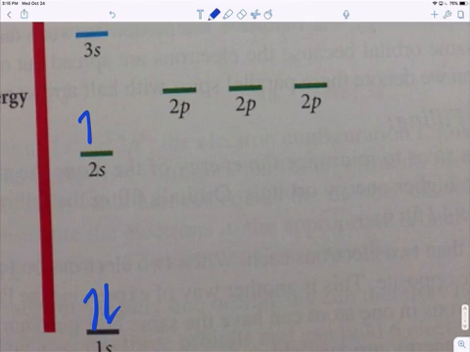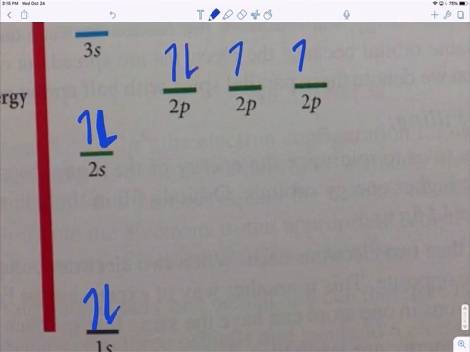That's known as being paramagnetic. Beryllium has one more electron, it's paired up. Beryllium is diamagnetic. It has no external magnetic field. And then boron, paramagnetic, carbon, paramagnetic, nitrogen, extremely paramagnetic, oxygen, a little less, but still, fluorine, paramagnetic, neon, diamagnetic.